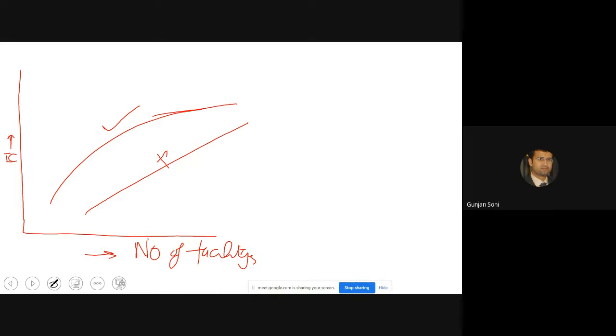So in a way, you will have to keep relatively less inventory as you increase the number of facilities after certain points. At this point, I would say the slope starts reducing. It won't become negative, but it will become a little lesser positive. So as the number of facilities increases, your inventory cost also increases.